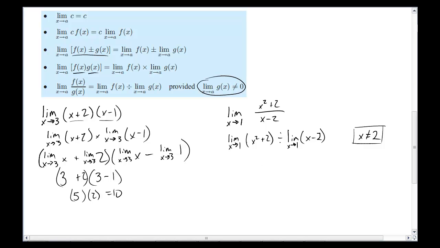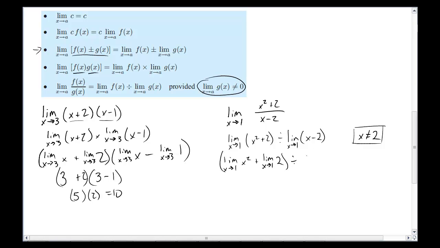And then I've got 2 polynomials. So I'm going to use rule number 3 over here, and I'm going to rewrite it as the limit as x approaches 1 of x squared plus the limit as x approaches 1 of 2.